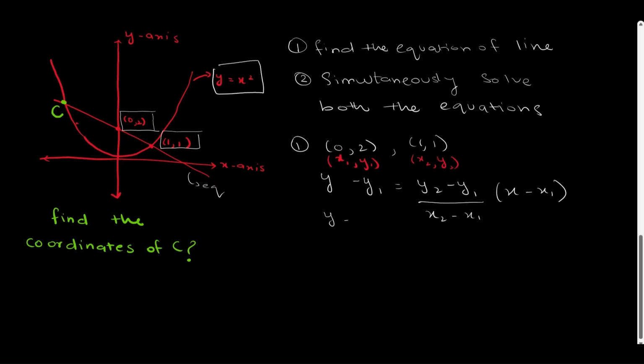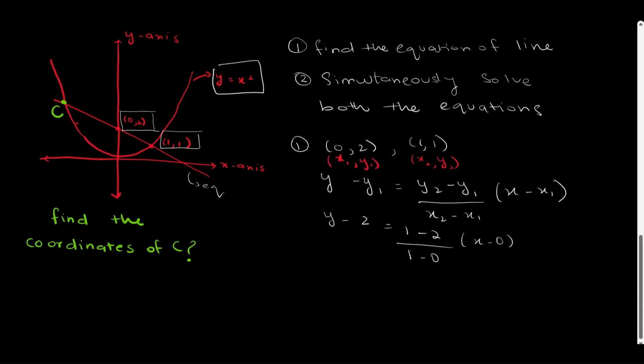So y minus y1, which is 2, equals y2, which is 1, minus y1, which is 2, over x2, which is again 1, minus x1, which is 0. And then we'll get the brackets x minus x1, which is again 0 here, right?